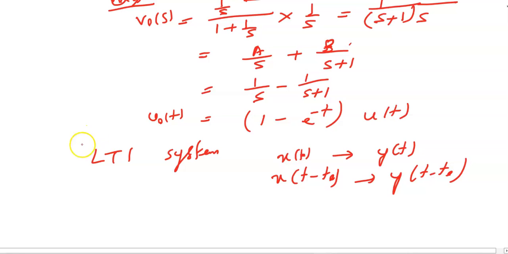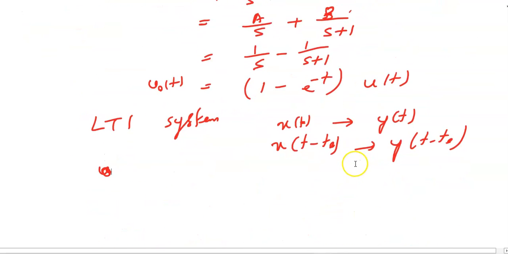So the next section is, what will be the output for input u(t minus 1)?